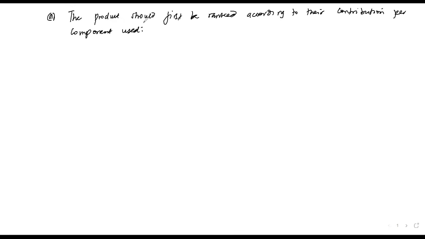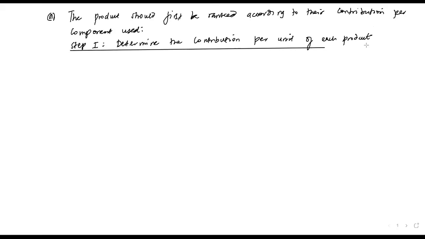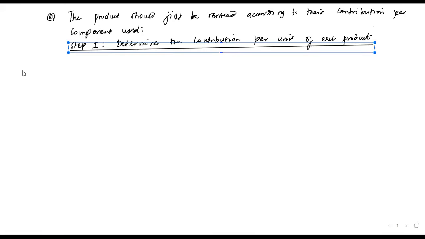Remember, components are our limiting factor. We say that step 1 is to determine the contribution per unit of each product. We have to determine the contribution per unit of each product. That is our very first step.